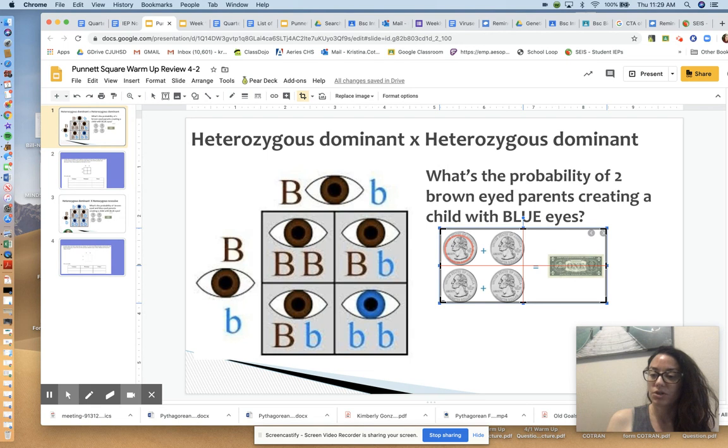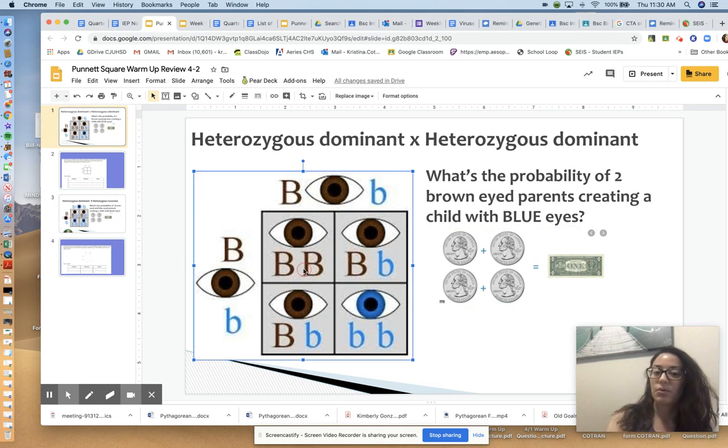So 1/4 is 25 cents, 2/4 is 50 cents, 3/4 is what? 3/4 is 75 cents, and then 4/4 would be a dollar, okay? 100%.